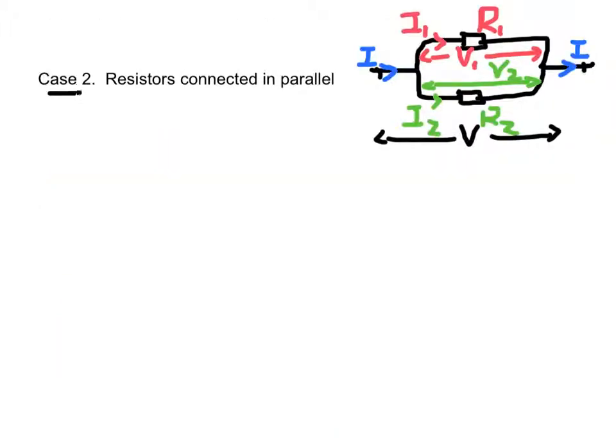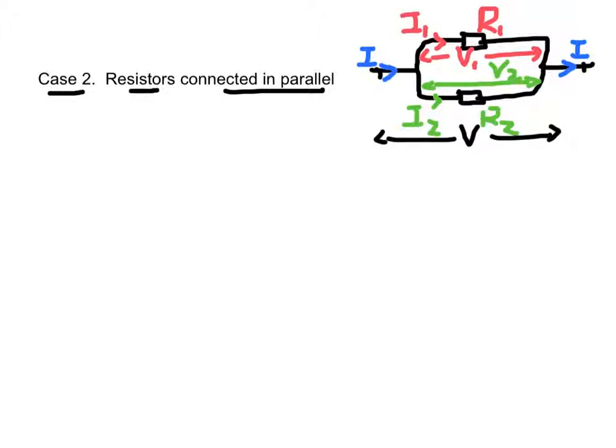For case 2, resistors connected in parallel. Consider the circuit with two resistors of resistance R1 and R2 connected in parallel, with currents passing through them I1, I2, and the voltages across them V1 and V2.